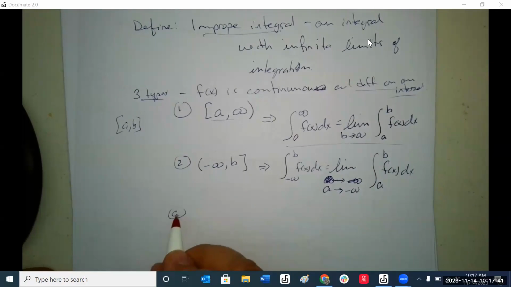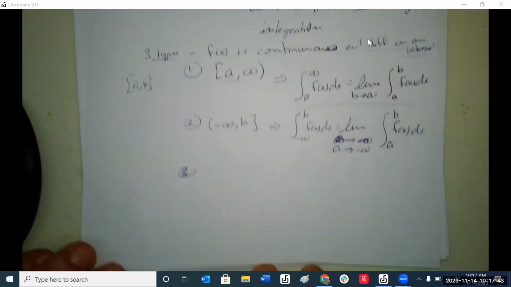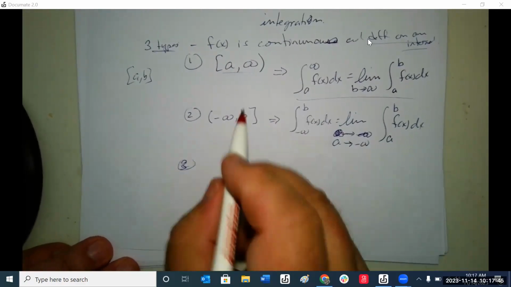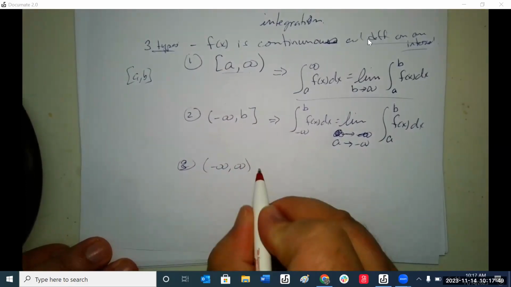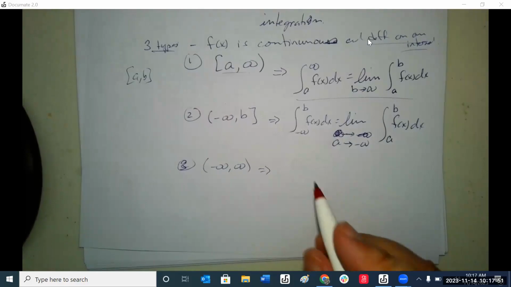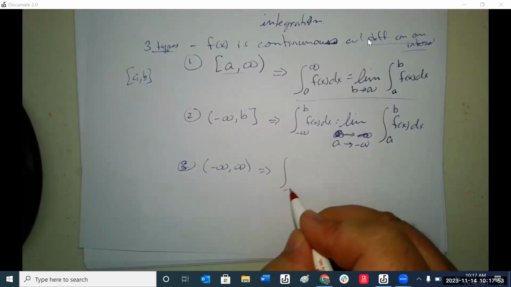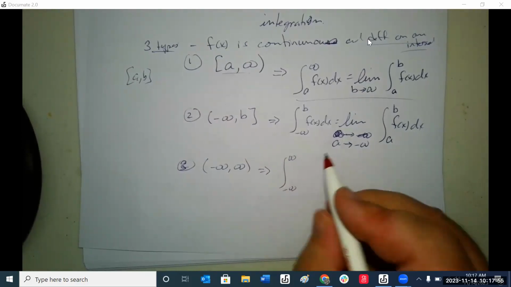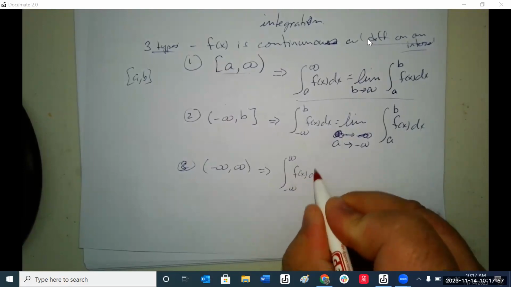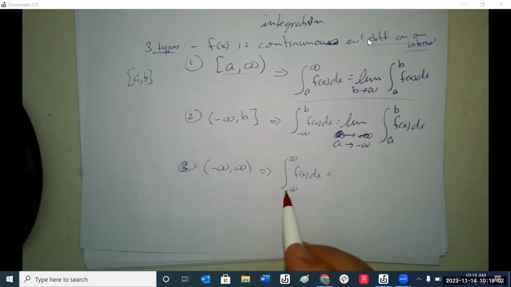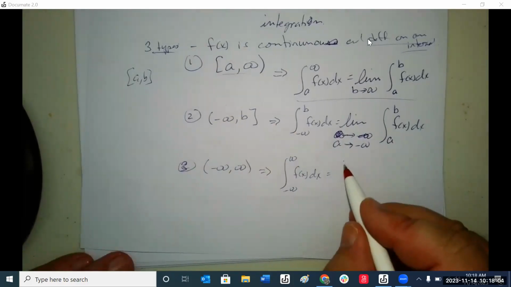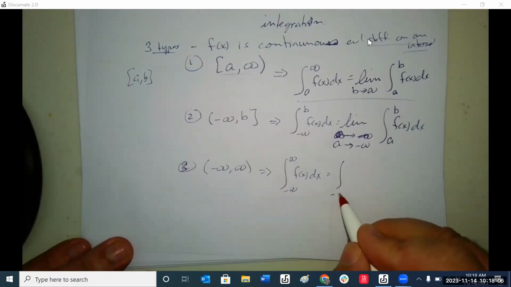And then the last one, 3, is we're going to take the end bounds from negative infinity to positive infinity. We're going from negative infinity to positive infinity of some function. When this happens, we have to break them up into two parts.